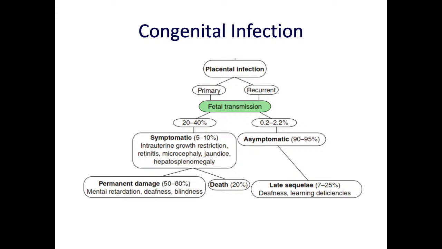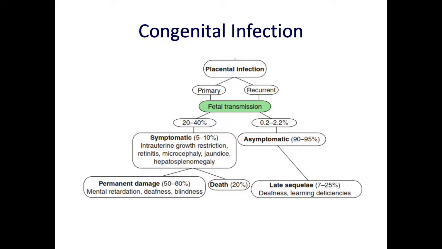And 5 to 10% of infected babies develop clinical manifestations. You see growth restriction, eye pathologies such as retinitis, jaundice due to hepatitis, microcephaly, so the head is smaller, hepatosplenomegaly because of hepatitis and enlargement of the spleen.